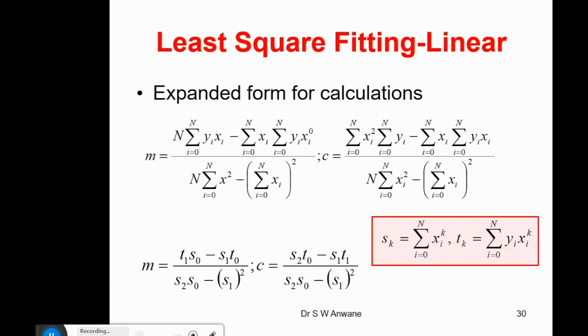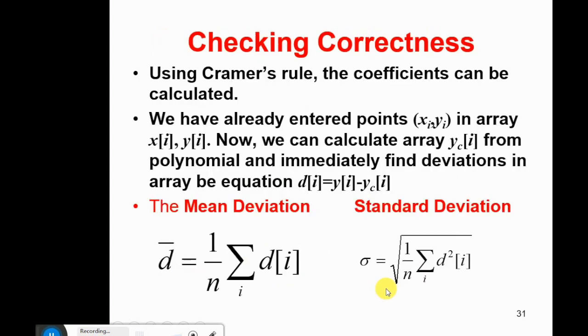So that will sum out to be the total number of observations, and the general equations are as I have explained in the earlier slide. So you can check the correctness of the equations by finding deviation, and you can find out the mean deviation, and the mean deviation should be 0 for best fit, and standard deviation will depend on how accurate your data is.